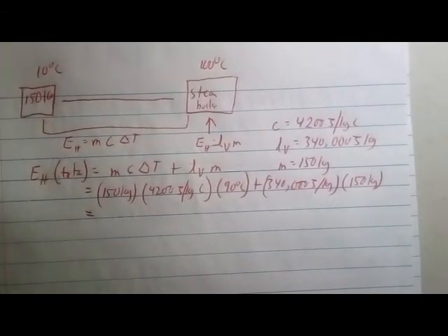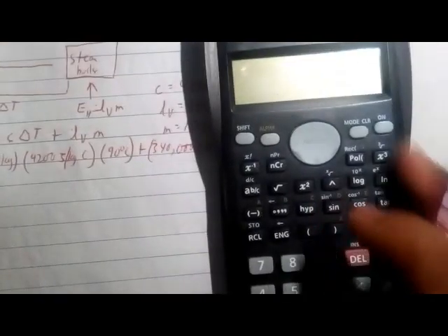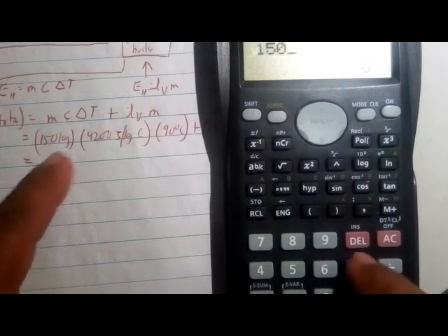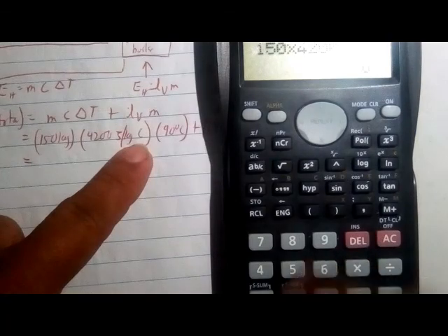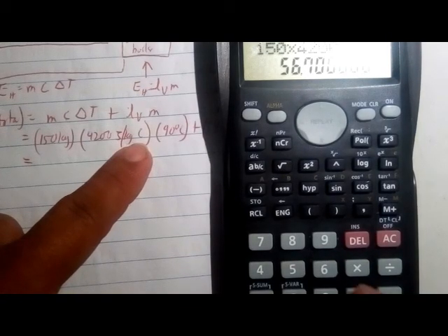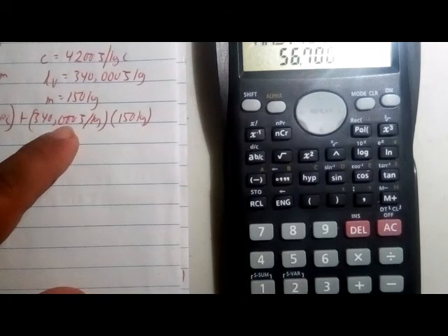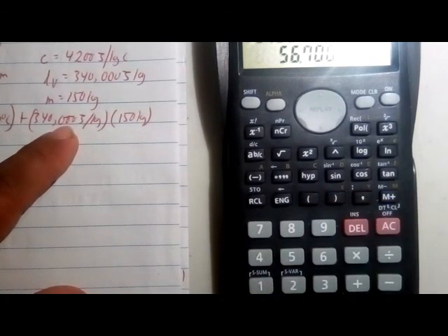It is still a small equation, so don't worry about that. We take our calculator and punch in those values: 150 times 4200 times 90, plus open bracket 340,000 times 150 close bracket, equals that amount.